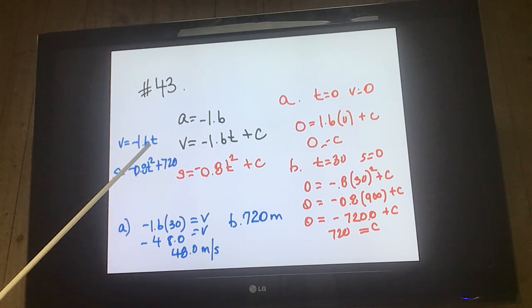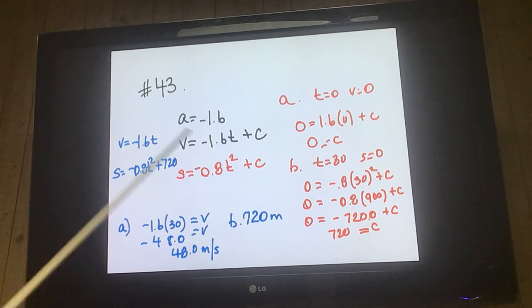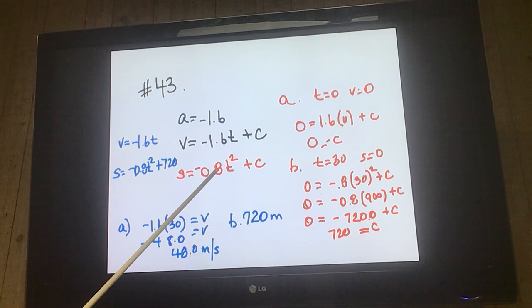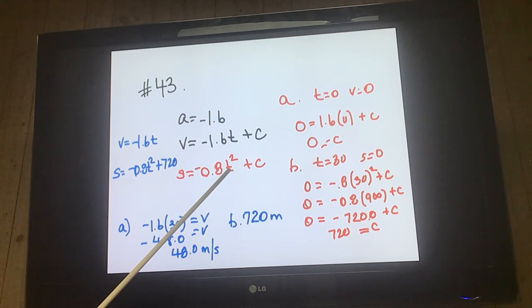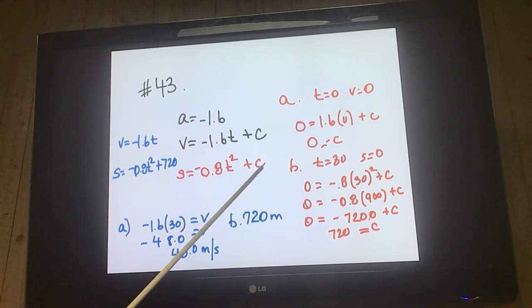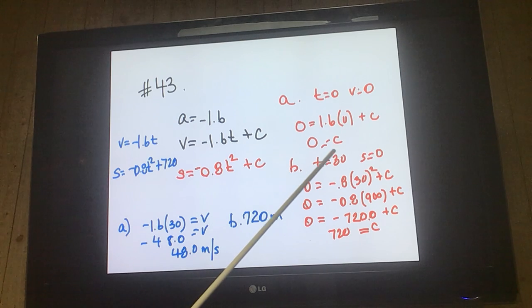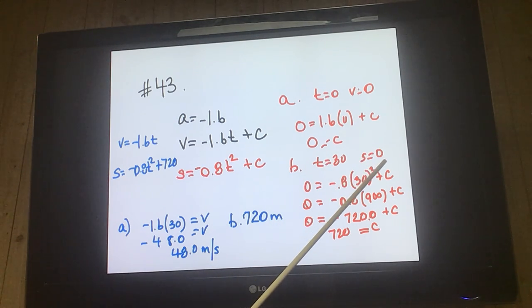Then I can find my position equation by taking the antiderivative of this. All right, so I'm going to add 1 to my exponent, which is 2, divide by it, negative 0.8 t squared plus c. All right, so now it says it takes 30 seconds to hit the bottom. So at 30 seconds, my position is 0.